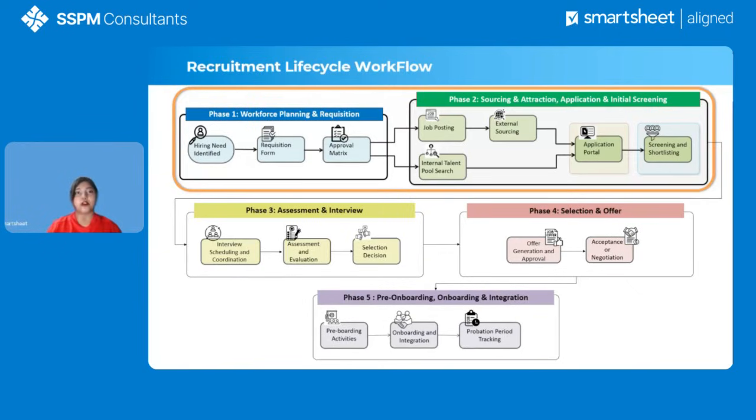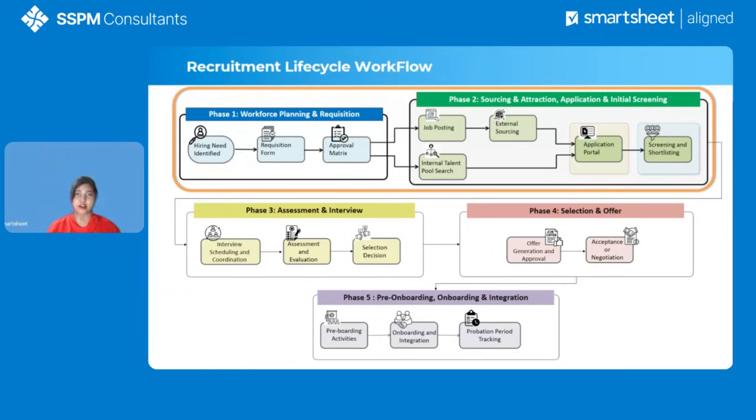We have phase one, workforce planning and requisition, where hiring need is identified, requisition is created, and approval process of the requisition is done. In phase two, that is sourcing and attraction, application and initial screening, we have candidates who apply for the job position, the data is captured, and then the initial screening is done.